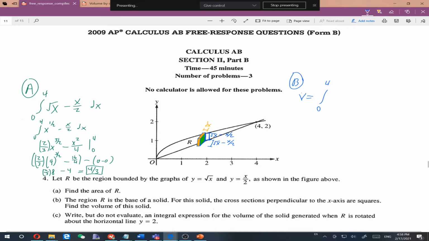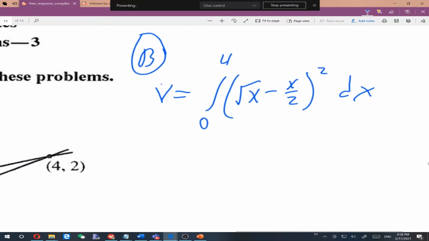V is equal to the integral from 0 to 4 of what? Square root of x minus x over 2, inside parentheses and squared, dx. We're squaring it because this was a square, and the area of that square is one side times the other side. Then we just need to solve this.